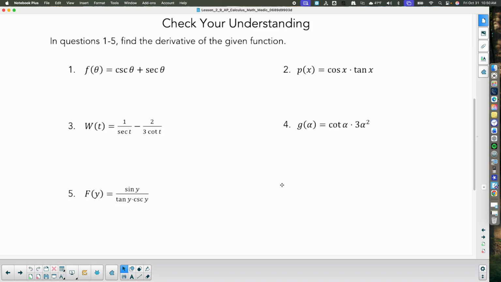Is it like, since it's 1 over secant x, and secant is 1 over cosine, you change it to cosine of t? Yeah, 1 over secant is cosine. The second term would turn into 2/3 times tangent of t. And so both of those derivatives would not require any kind of work.